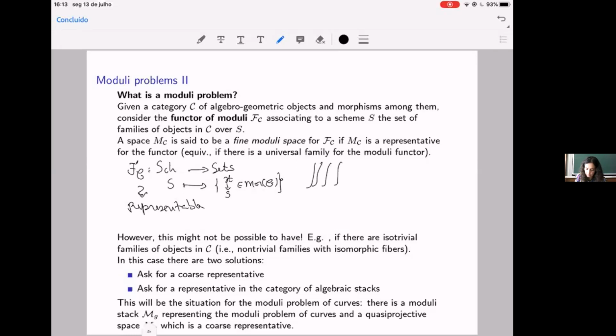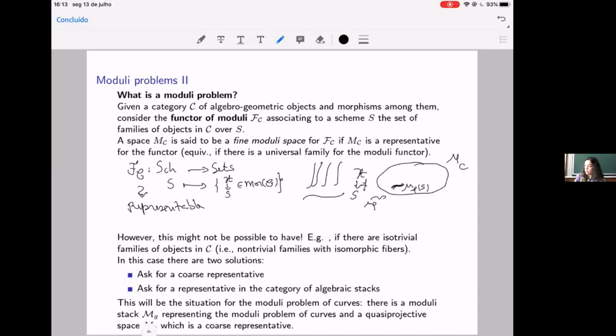I think of some family in the category I'm thinking of, which for me is very often the category of curves. And I think of a moduli space for this as some bigger object where I see this thing as a little something which is parameterizing the whole family.